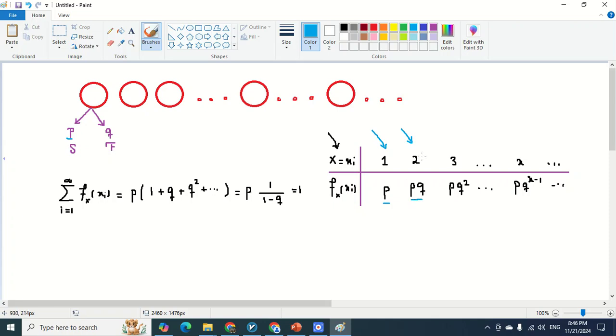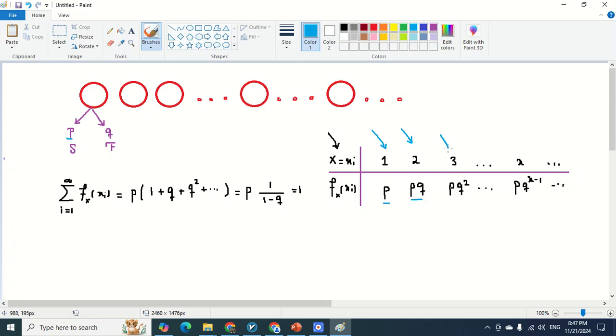It happens because we want the success on the second try, which means that the first one should be a failure and the second one should be a success. And because we have independent trials over here, the q should be multiplied by p. We can use the multiplicative rule, and over here it's going to be p times q.